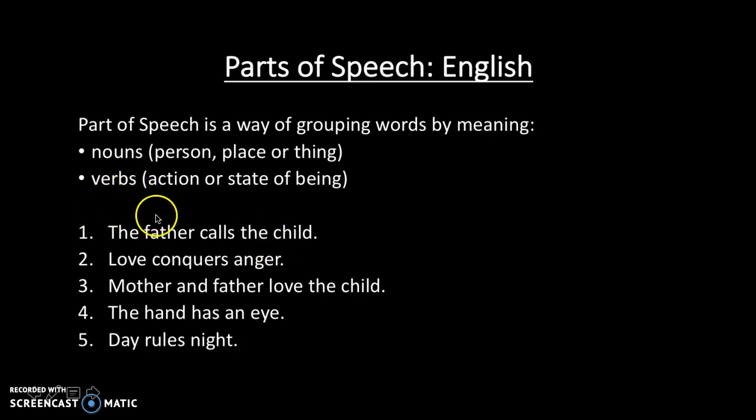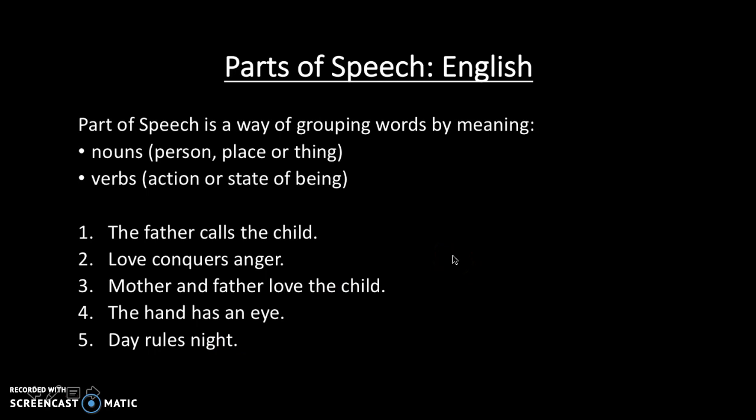Okay, so for the nouns, you probably had father and child, love and anger, mother, father, child, hand, eye, day, night. Those are all nouns.